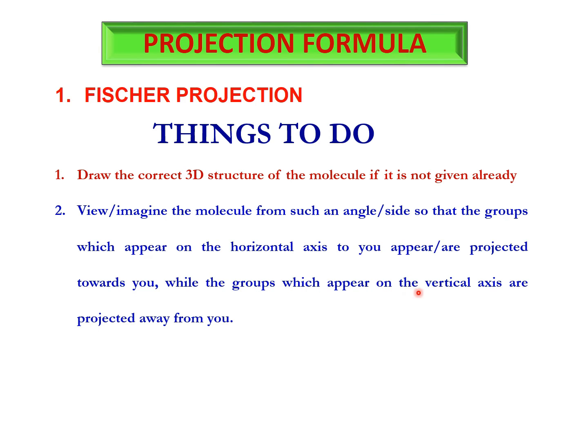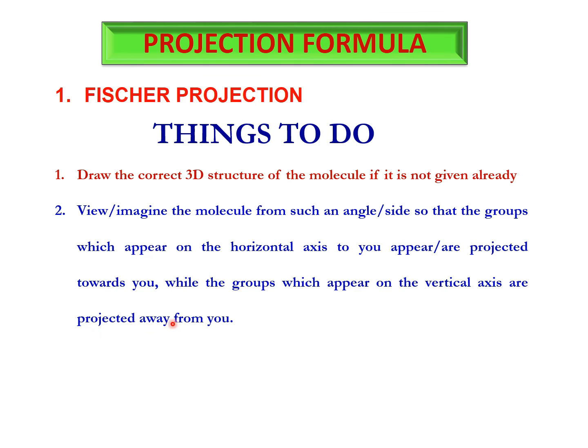If you look at the last Fischer projection, the groups that appeared on the vertical axis to us were the H and OH, while standing above this molecule and looking downwards. They were closer to our eye line. So that is not the correct way, because anything on the vertical axis should be projected away from you.